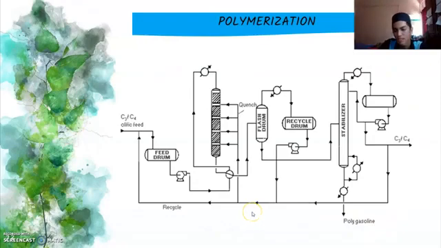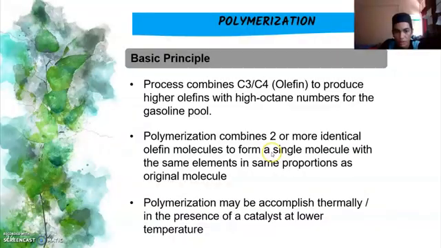The process is almost similar to the alkylation process. It has a stabilizer, which we call a distillation column. It also has a caustic wash and acid splitter, and the units are all the same. The difference is only the process.